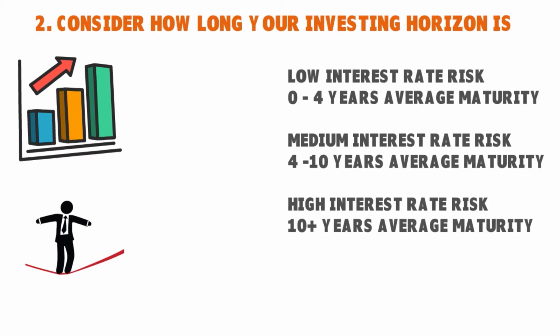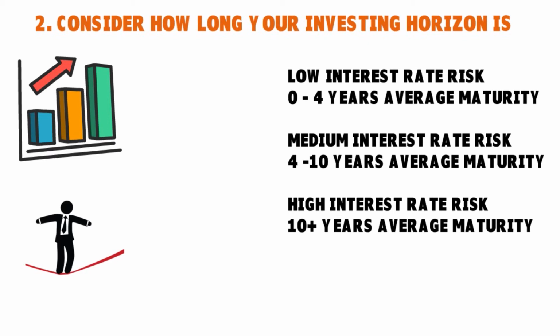So, low interest rate risk, you have 0 to 4 years average maturity. You have a medium interest rate risk if the bond has a maturity between 4 and 10 years average maturity, right? And if you have a high interest rate risk, that's for bonds that have a maturity that spans more than 10 years.